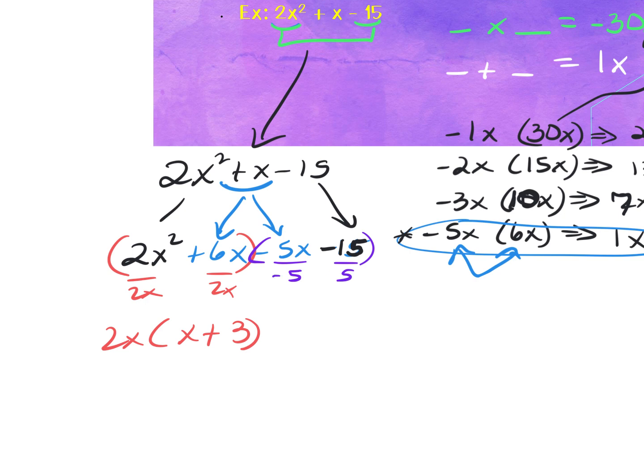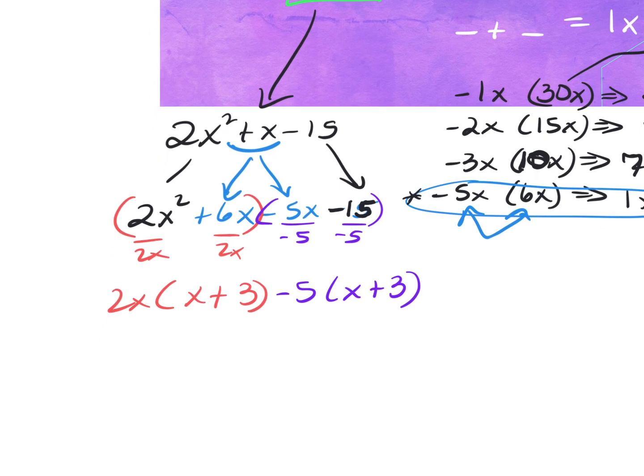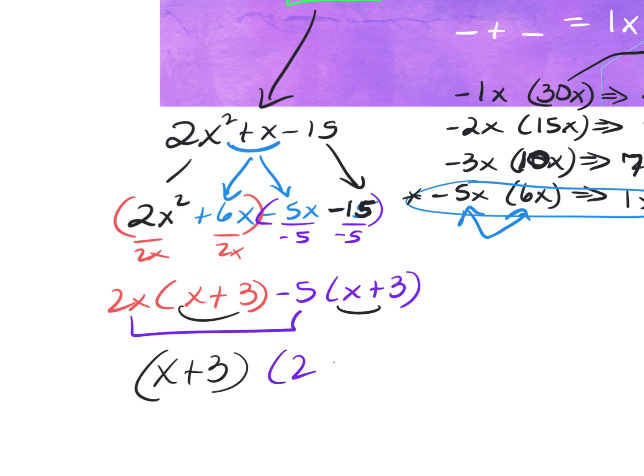So I'm actually going to factor out a negative 5 GCF, and then I get a match. So once you get the match, you write down that binomial, and then take the 2 GCFs you just divided by. And that becomes your second binomial. And again, always, if you have time, FOIL to check.